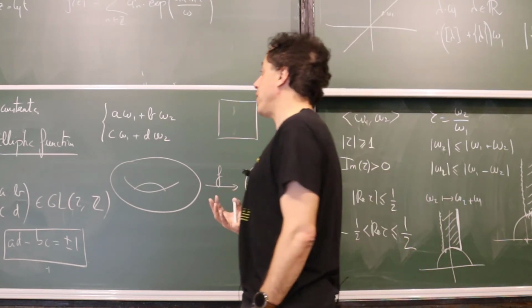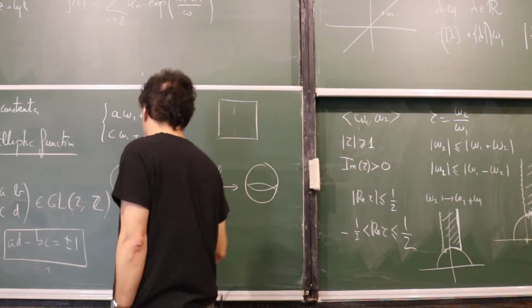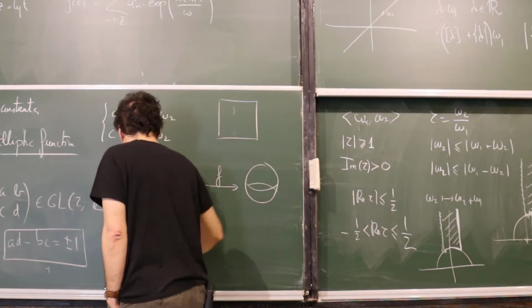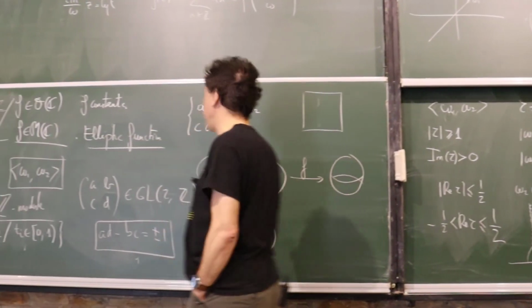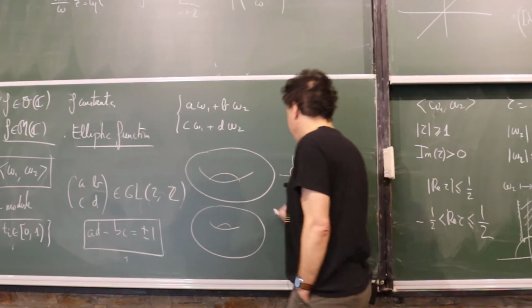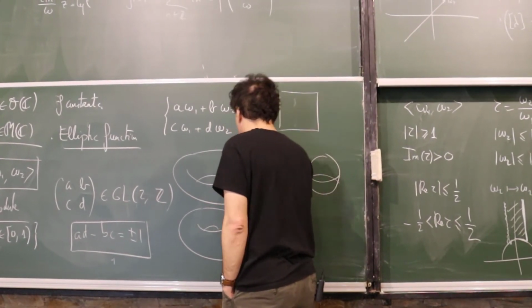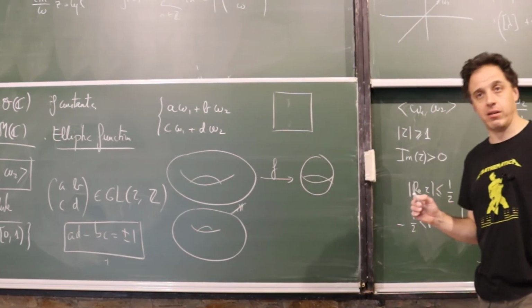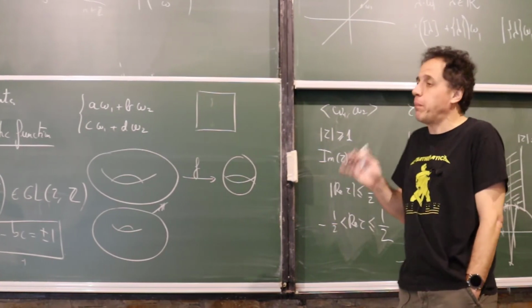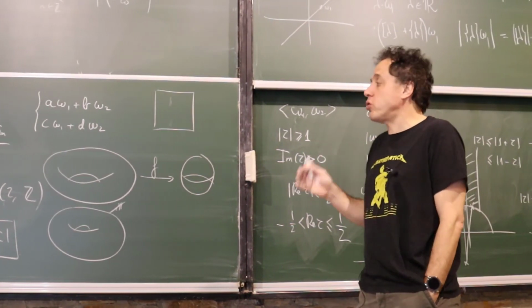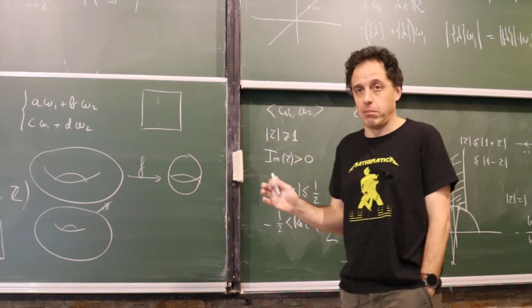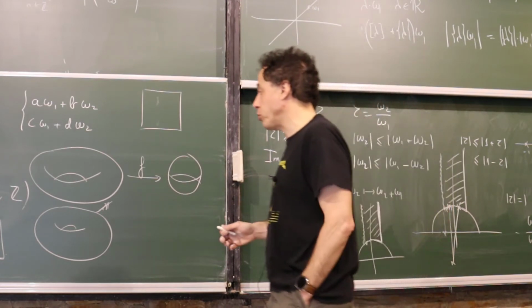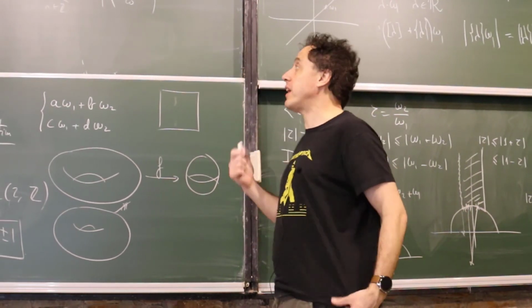The tori you obtain from two different sets of periods, two different lattices, are not necessarily biholomorphic. So from a topological point of view, yes, but not from an analytical point of view.